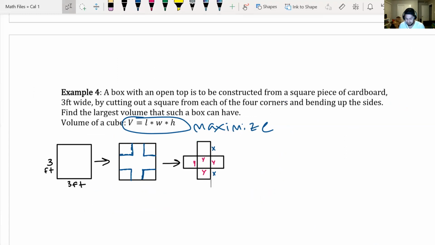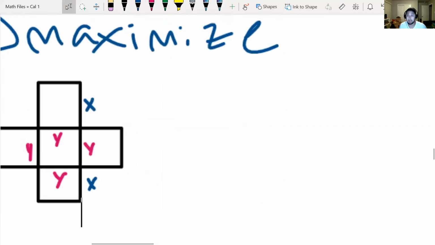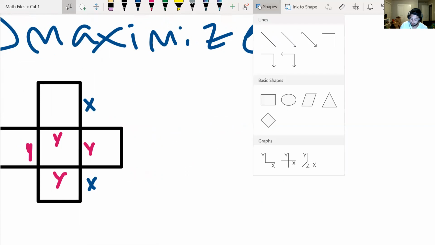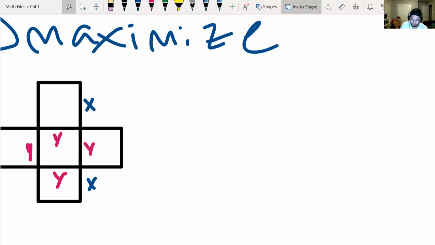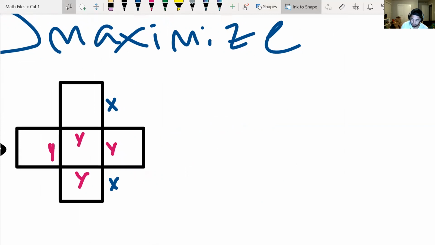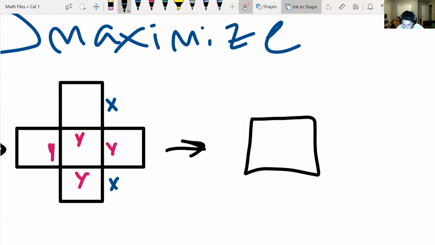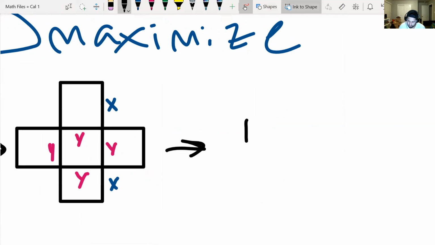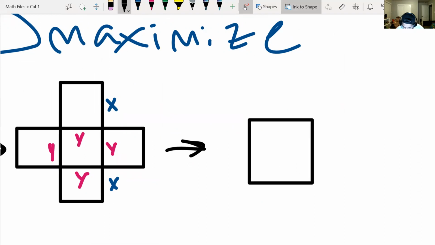It's going to be my 3D diagram, so bear with me. Wonder how well I can do this. Let's see. So the next one. There we go. Okay.